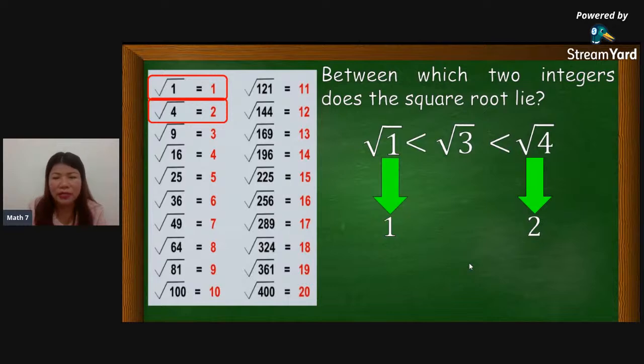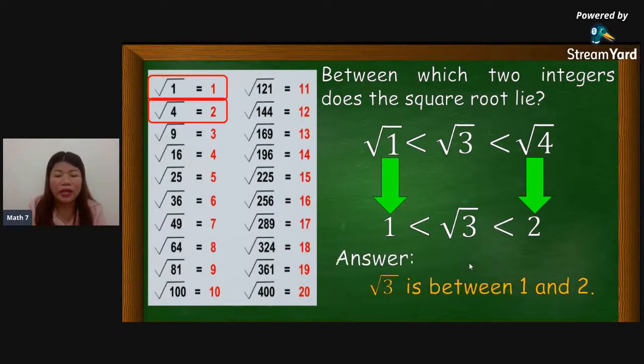So, ibig sabihin, square root of 3 is greater than 1 but less than 2. Ulitin ko. Square root of 3 is greater than 1 but less than 2. Maliwanag po. So, ang answer natin dyan, ang square root of 3 is between 1 and 2.